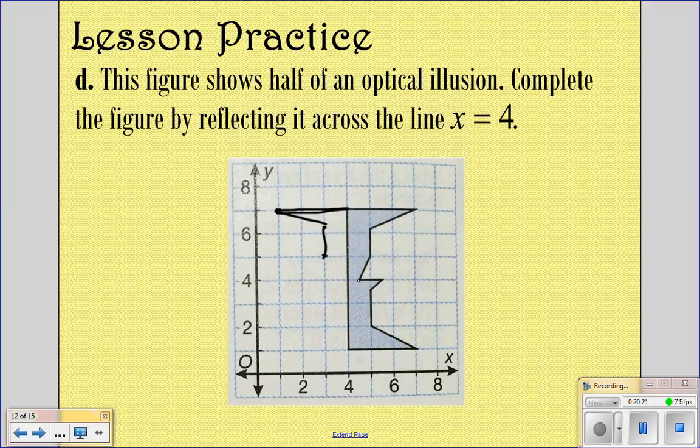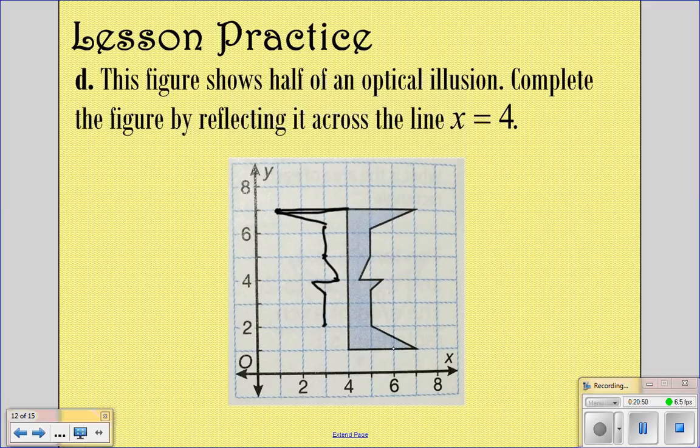And then we've got this point here. And then we go straight out to 1.5. And then we go straight down to right here. And then we've got this vertical line.